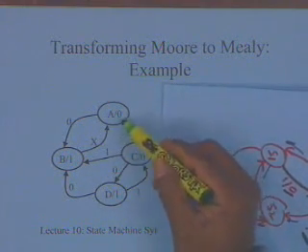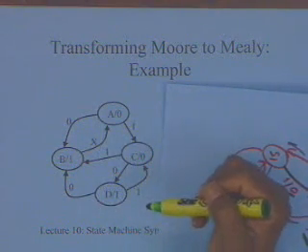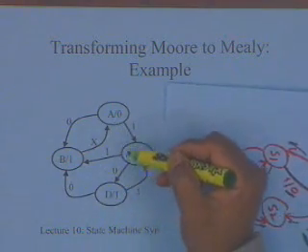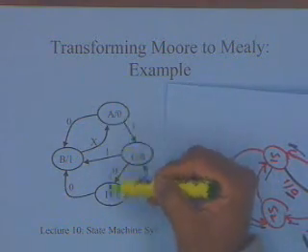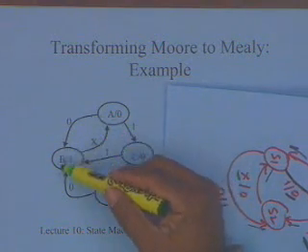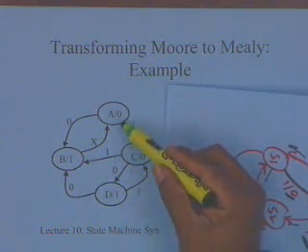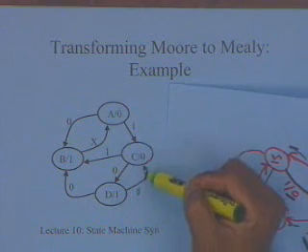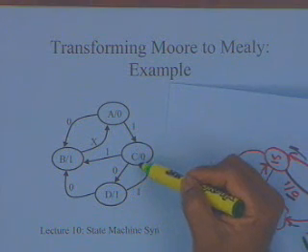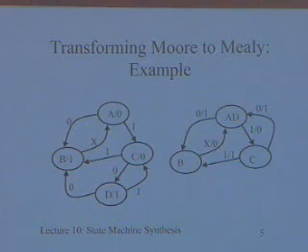If I consider A and C, if I apply a 0, A goes to B, but C goes to D. So they are going to different states. But if I now consider the pair AD, if I apply 0 input, A goes to B and D also goes to B. Similarly, if I apply 1 input, A goes to C and D also goes to C. So AD is a candidate for merging, and I can merge these states AD and generate another state diagram like this.